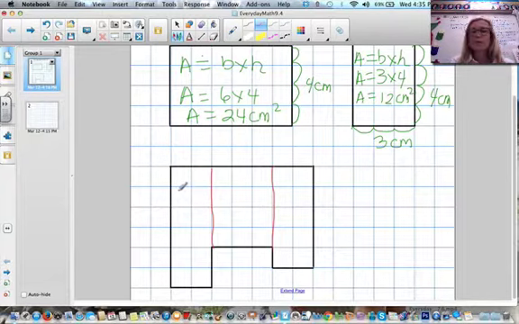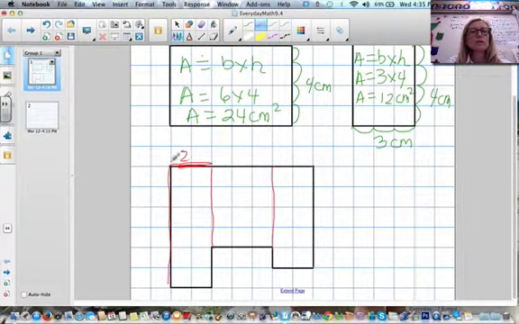Okay, so the other way to figure it out, if you hadn't figured it out already, is to just divide this shape into rectangles, and it makes it much easier to work with. So for this one right here, this side that I'm referring to is 2, and then this one is 1, 2, 3, 4, 5, 6.